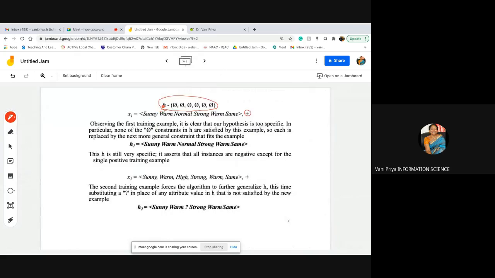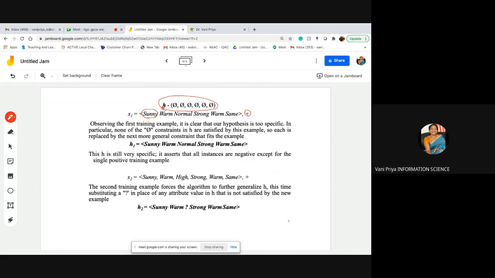What is meant by satisfying here? If you observe the first training example, this hypothesis is too specific. Here there is a null value, but when you take x1 into consideration, you see that this is very specific, the most specific. So what do we do? Wherever there is a null value, it will be replaced with the specific value, making it a kind of generalization.